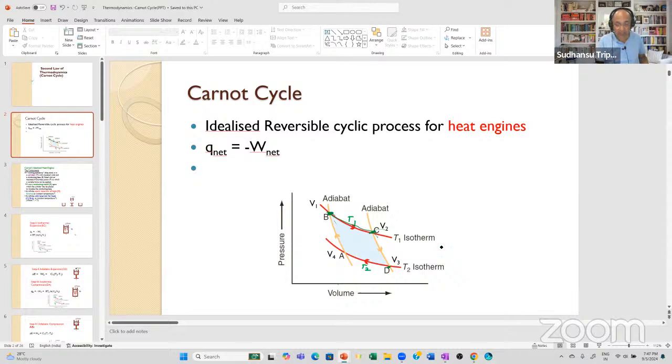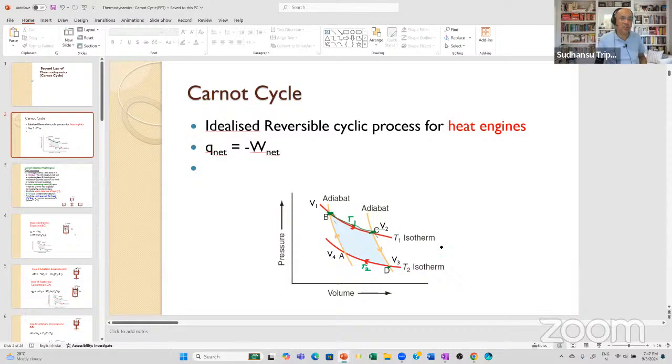And then again isothermal compression at a lower temperature, because from V2 to V3 there is a cooling effect. So temperature has been lowered from T1 to T2. T1 is the temperature of the source, the hot source from which the system will absorb the heat energy.